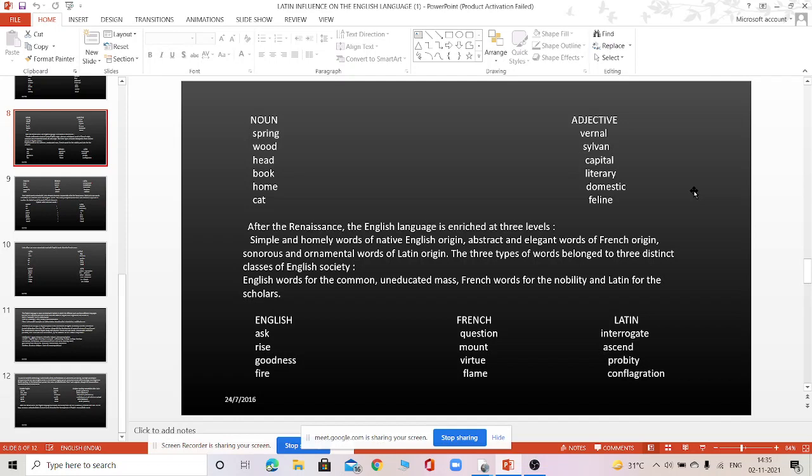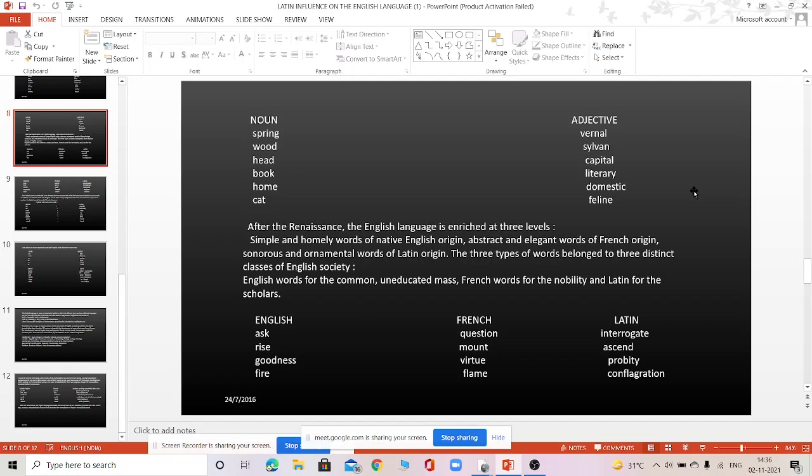So the monks, the scholars, the students who were studying, and the monks especially, were engaged in copying work, copying poems, prose pieces, like that.